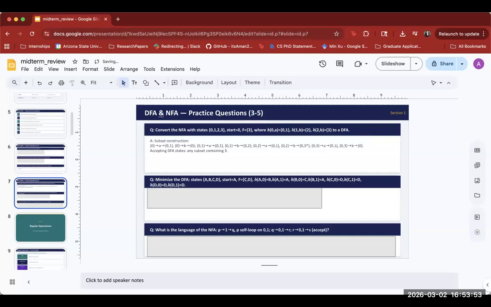What you would do is basically a subset construction, where you have your state 0 that accepts A goes to 0, 1, and then you would convert these subsets into exactly one state, because in a DFA you need to ensure that it ends up with exactly one state for one input.